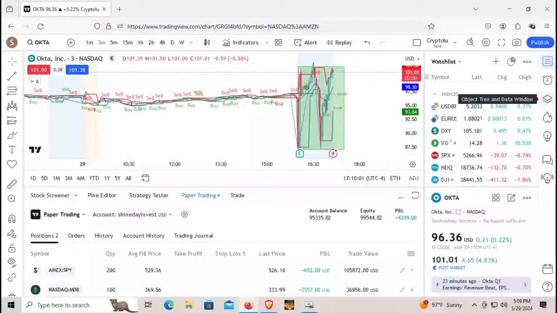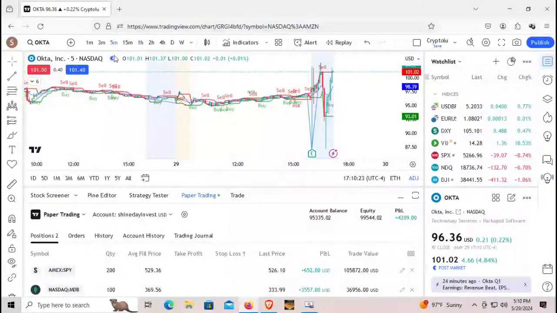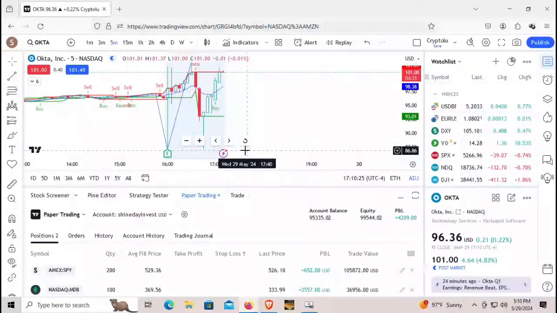Sorry, guys, but I have to bring this to you. It's OKTA. For a moment I thought it was not going to go, and it's just crazy. It's trading right now, big bull buy, and it's all over the place.